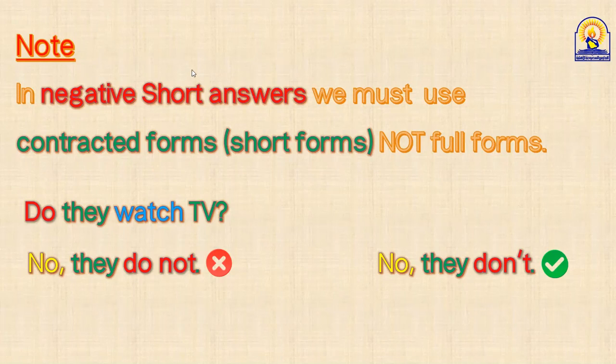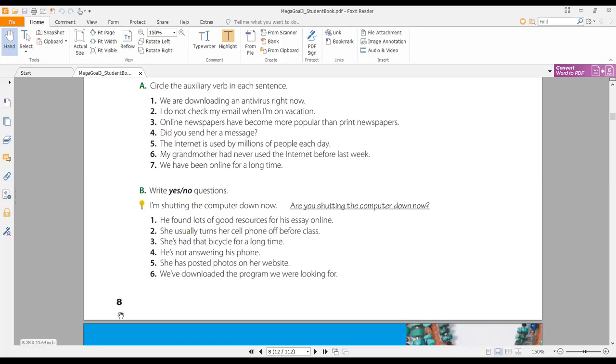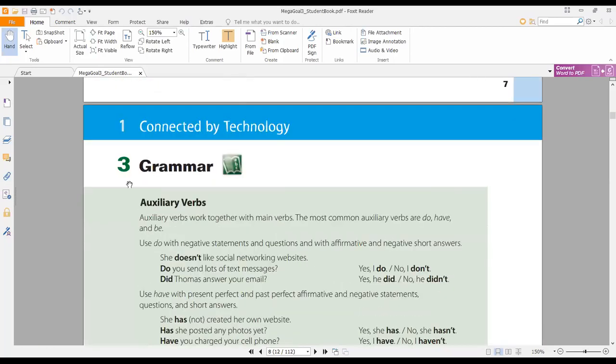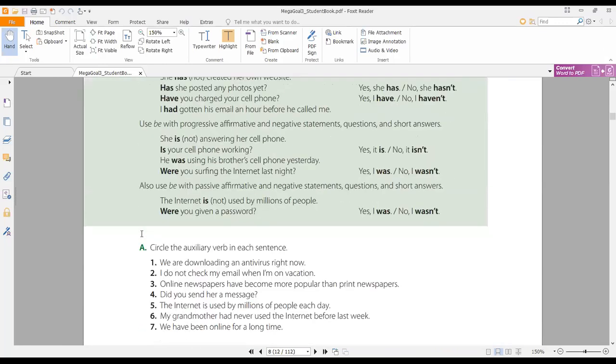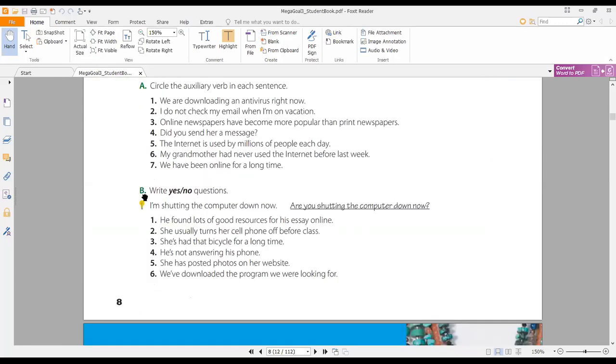Our exercise now in the student book, we are going to form some questions and make short answers for them. Okay, let's open your books now. This page, I hope you can see it, page 8. This is the grammar table. Exercise B, guys.